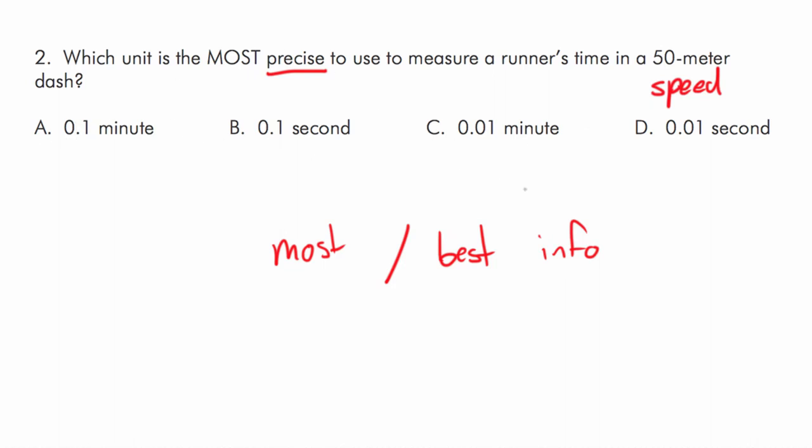If I didn't have these here, I'd think, well, okay, I know that if you run pretty fast, it's just going to be a matter of seconds that you get to the finish line in a 50-meter dash. If this was a 10K, or if this was a really long run, we wouldn't be talking about seconds. We'd be talking about hours. And if this was a mile you can run in a handful of minutes, faster or slower.